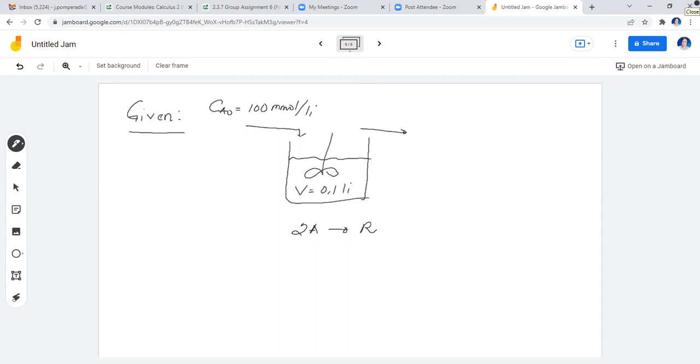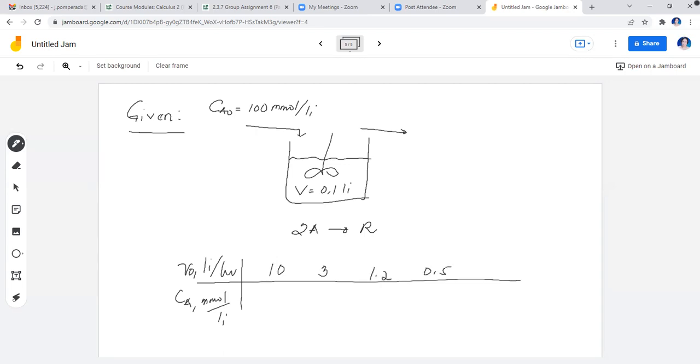I'd like to write the table here so we can go back to it later. So we have here V sub O in liters per hour, and C sub A in millimole per liter. These are different runs: 10, 3, 1.2, and 0.5.